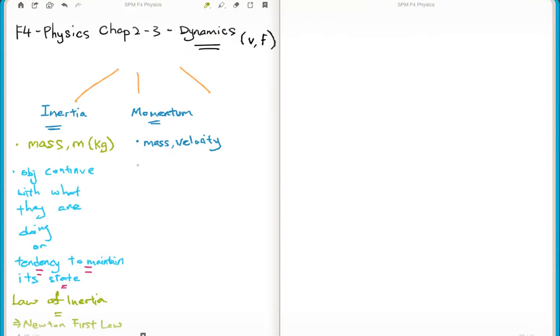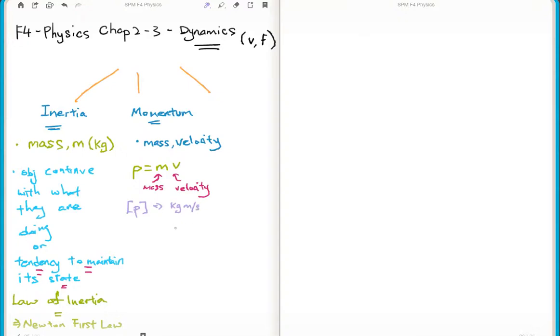Momentum, symbol P, is the product of mass and velocity, V. Make sure they are in SI units. Therefore, the unit for momentum P is kg meter per second.